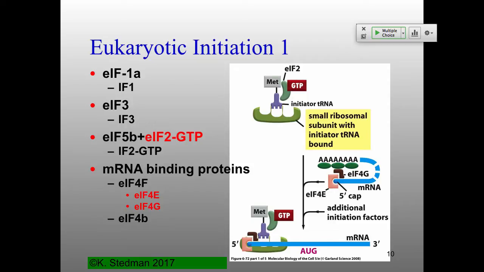So EIF3, EIF1 are serving exactly the same roles. And conveniently, EIF2 also serves a very similar role, except it's got a whole bunch of extra proteins, IF5B, et cetera, et cetera. That's all those extra blobs that you saw in the last image.